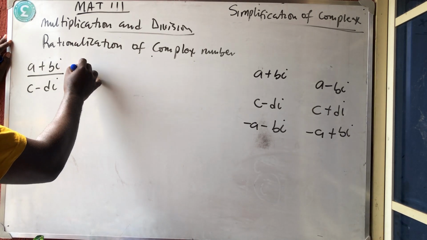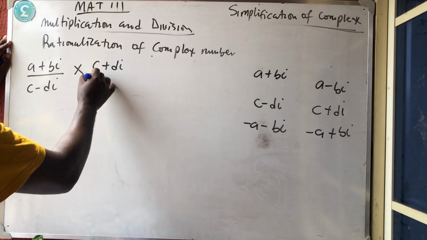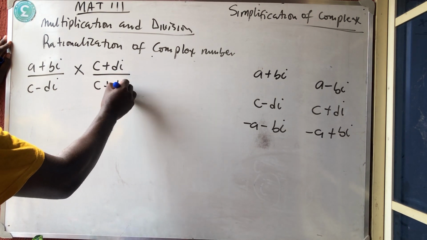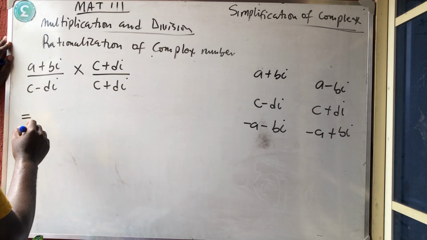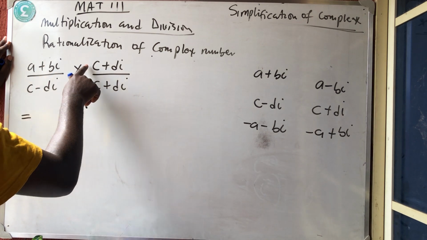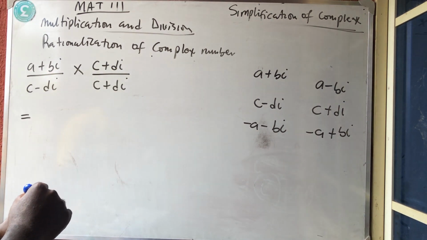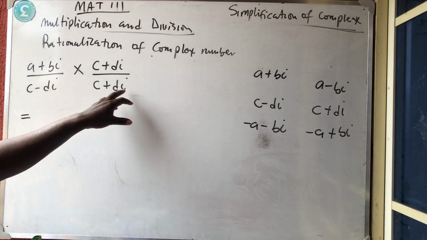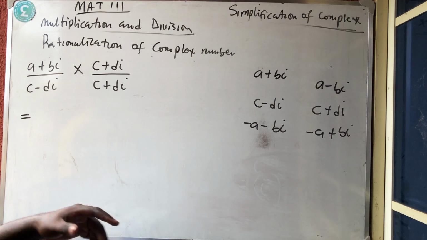So you are going to say times c plus di over c plus di. Let us multiply. Let's put them in brackets. Remember that the first person will multiply everything and the second person will multiply everything. Like I told you earlier, the denominator will always form a difference of two squares because we are rationalizing with the conjugate.